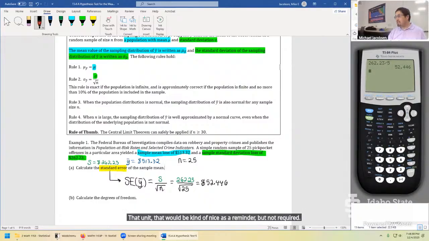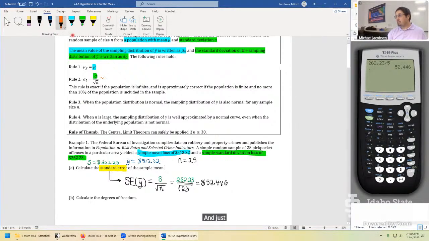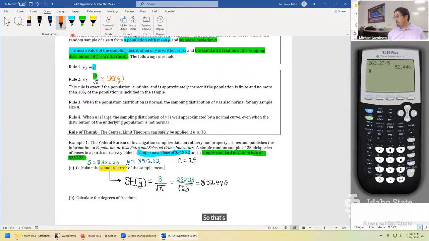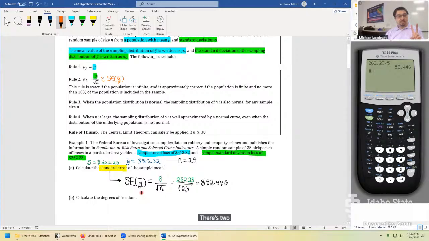So we've got it, folks. That's our standard error. A couple of reminders: the standard error is approximately the exact but unknown standard deviation, sigma over root n. Since we're getting close to reviewing for the final exam, there are two standard errors in this class, confusingly. The standard error for y bar looks like this.